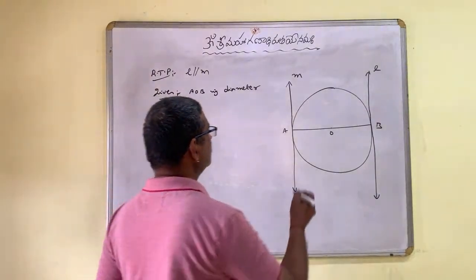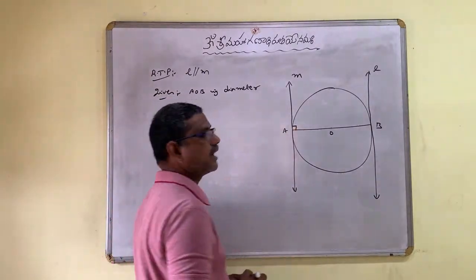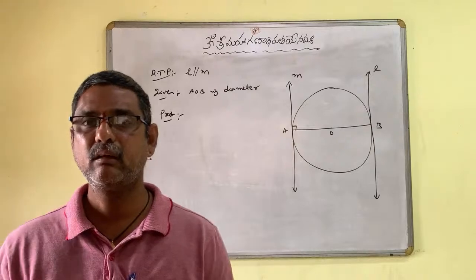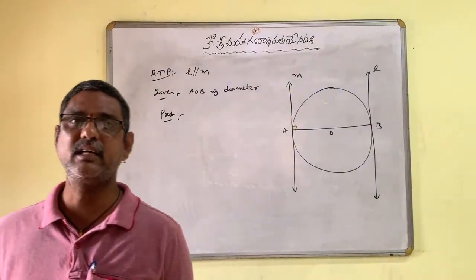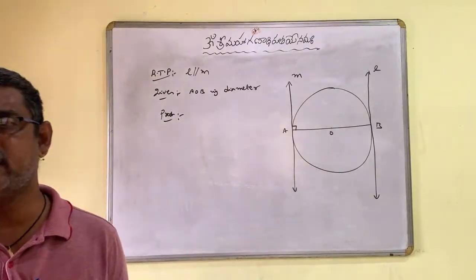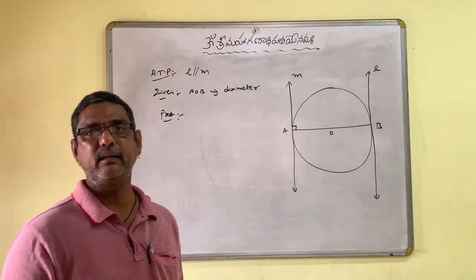That means this angle is 90 degrees. First theorem: radius is perpendicular to the tangent at the point of contact.